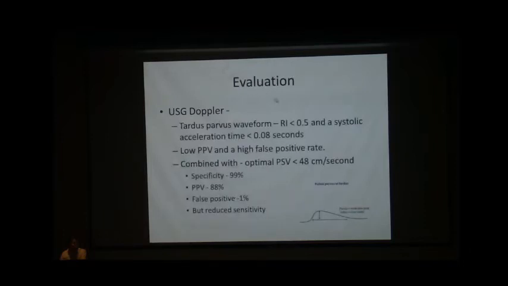Regarding ultrasound evaluation, the tardus parvus waveform, as you can see, low peak systolic velocity with a gradual slope towards the diastolic velocity, RI less than 0.5, and systolic acceleration time less than 0.08 second is associated with high risk of HAT, that is impending HAT. However, it has got low positive predictive value and a high false positive rate. But when we combine the peak systolic velocity of less than 48 centimeter per second along with these parameters, the specificity and positive predictive value increase at the cost of sensitivity.